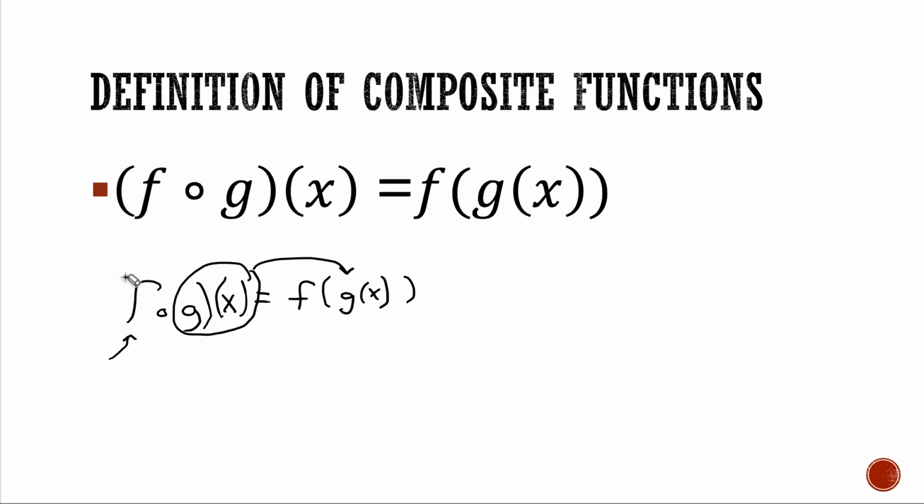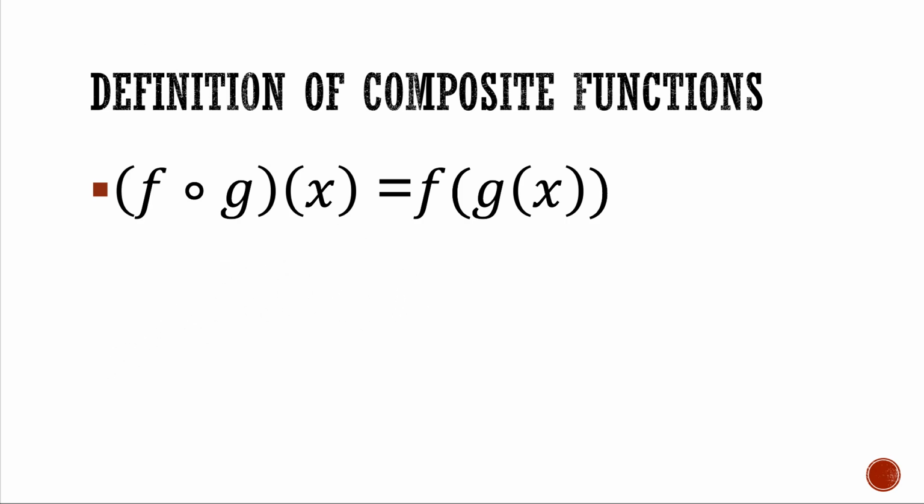All right, so what I want to do is go through that with a different set of letters and make sure that we understand that. So maybe a particular problem looks like h composed with k. And again, it doesn't really matter what letters they use. All right, so applying my definition, I'm going to write the first letter down, so that would be h in this case, and a set of parentheses.